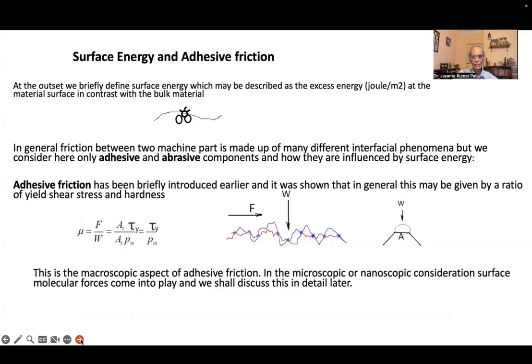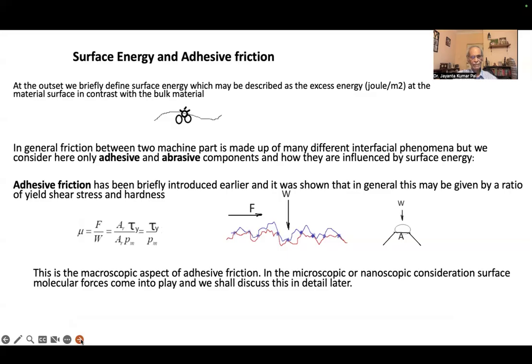So here in this picture, we get several bonds wherever the two surfaces are in contact. And adhesive friction, in a very simple way, may be defined as the force required to break these bonds.